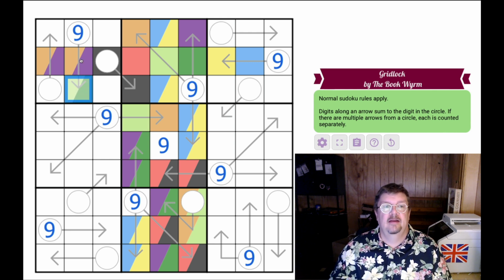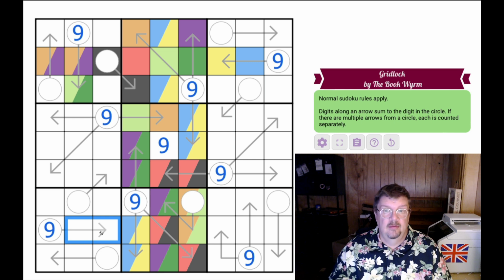That is not a 9 sum pair, and nor is that, because these 2 digits are going to sum to 9. But this, orange and light green, is a 9-sum pair. That's a 9-sum pair. That's a 9-sum pair. So this must be the remaining 9-sum pair, because it's the only option. So that is purple and dark green.